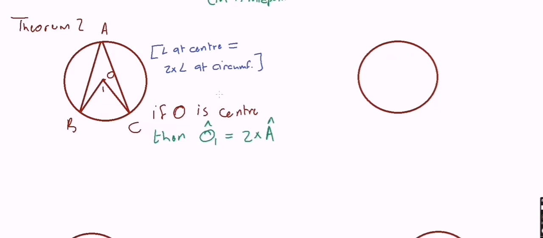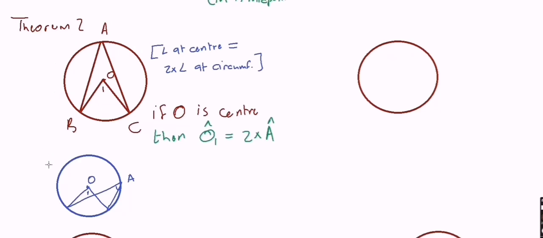This one doesn't happen to have a converse theorem, but I could show you a few more circles. We could have a center here and then an angle at center like that, and then we would have an angle at circumference like that. So if this is O and this is A, this is O1, so still O1 will be equal to twice A. Okay, it doesn't matter what it looks like.